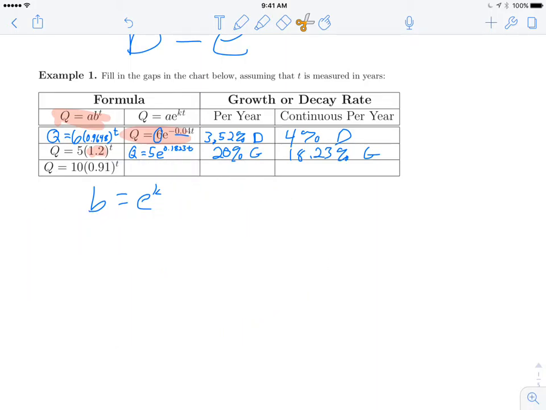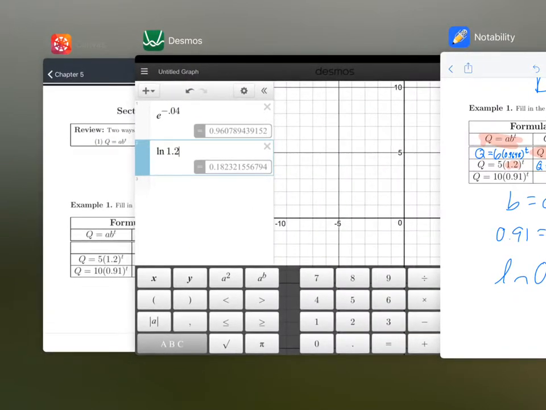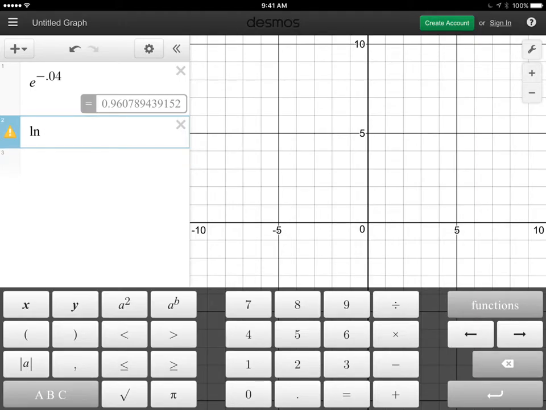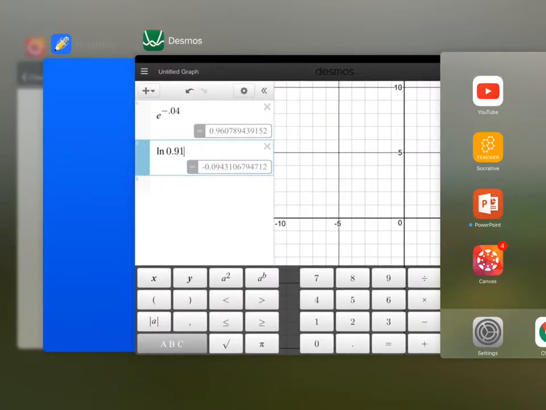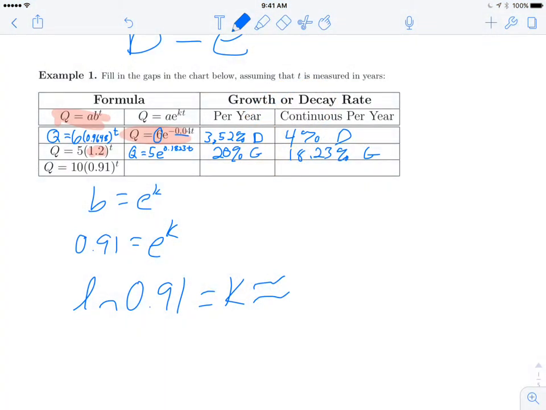All right, so again, going back to b equals e to the k, we know that 0.91 equals e to the k. So I'm going to take the natural log of 0.91, and that should give me k, which is going to be approximately negative 0.0943.